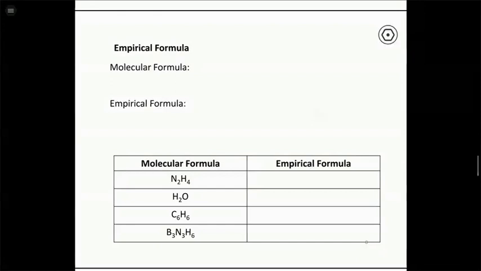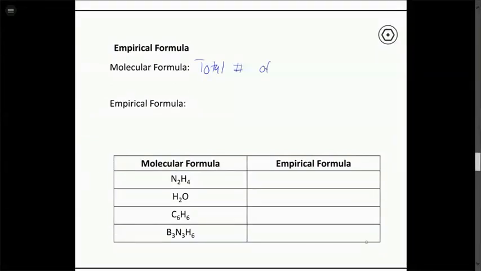So the molecular formula is going to tell us the total number of each atom in a molecule of a compound. Or it can be interpreted in terms of moles, as we saw.